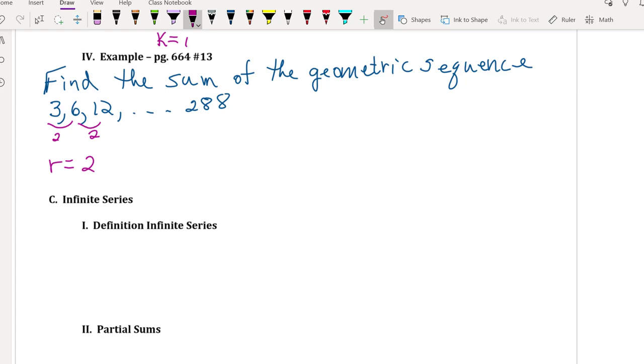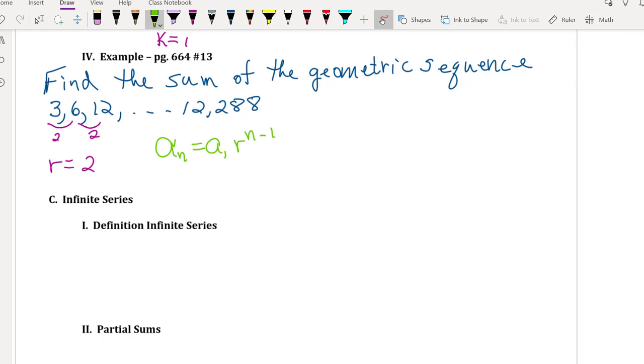And to figure out how many terms we have, what we want to do is, I didn't write that last term right. This is 12,288. So what we want to do is write our general term. So a sub n equals a1 times r to the n minus 1.